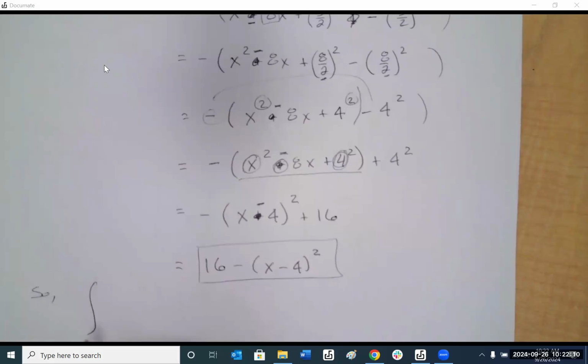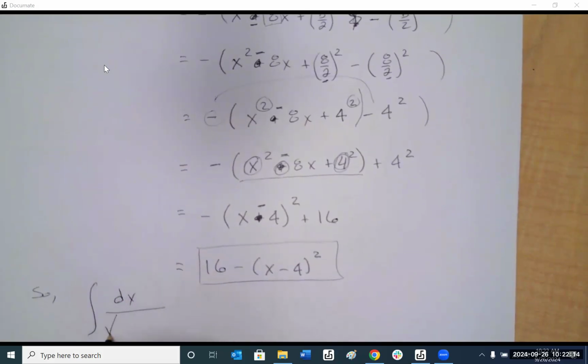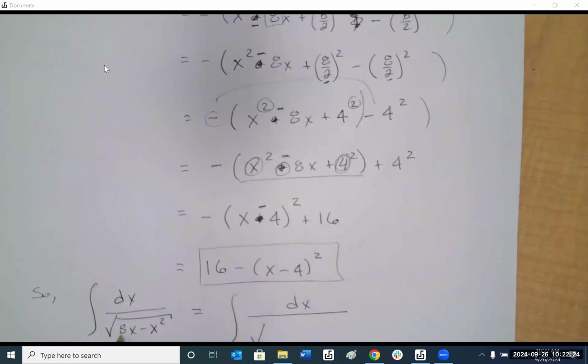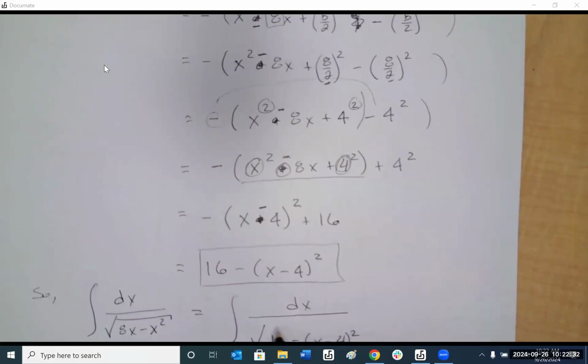So now we have dx over 8x minus x squared. Now we've completed the square. We have 16 minus x minus 4 squared.